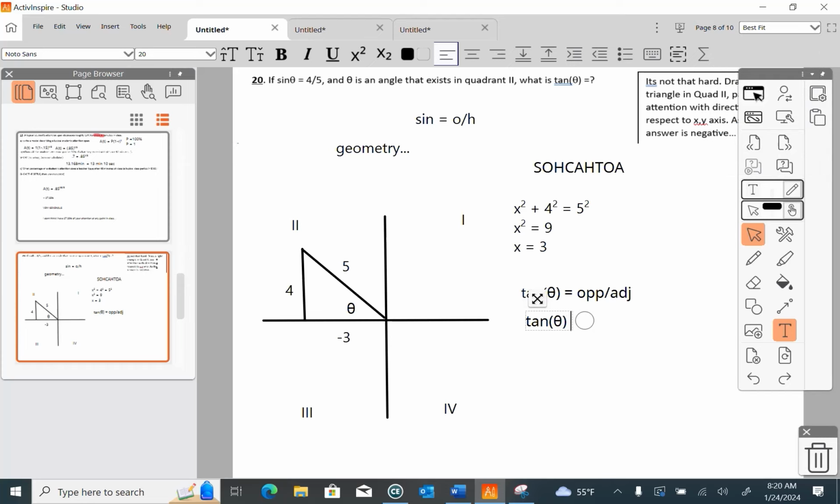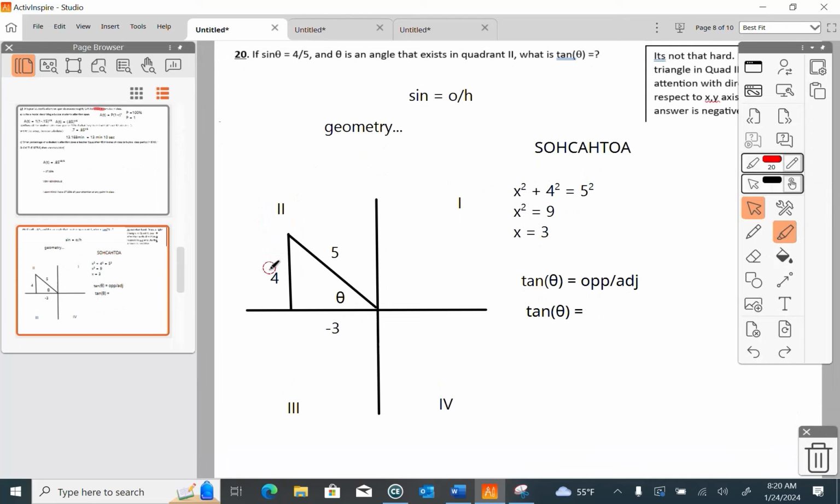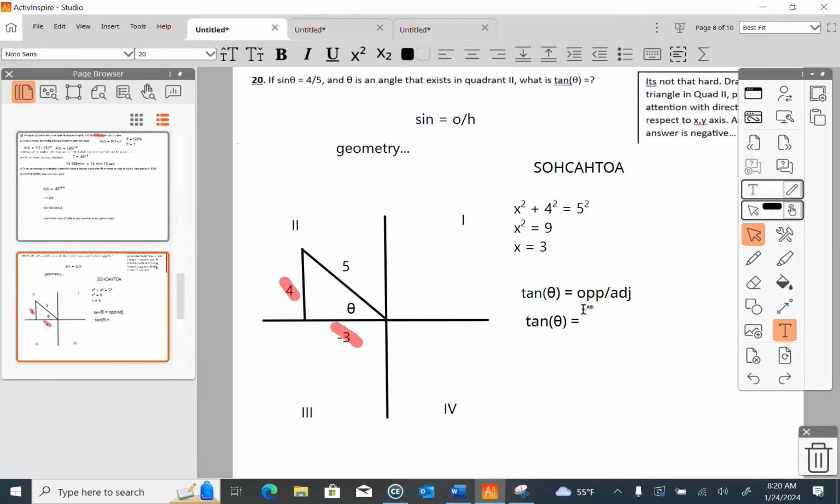There we go. Opposite is a 4. Adjacent's a negative 3. So I have 4 over negative 3. Negative symbols belong in the numerator, not the denominator. Negative 4/3. And that, boys and girls, is your homework for 6.2.